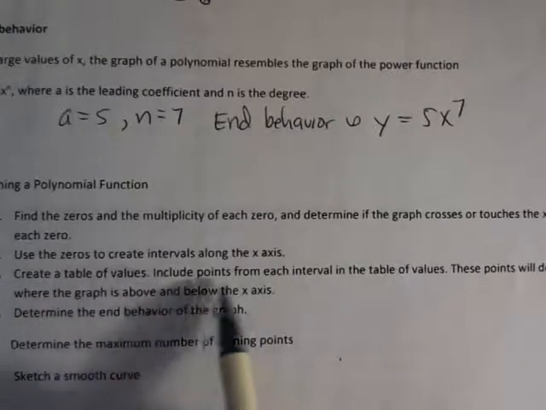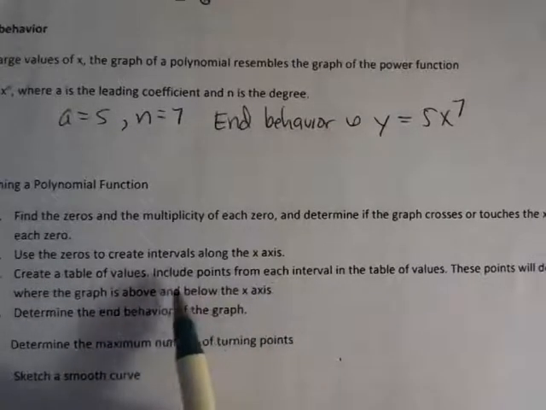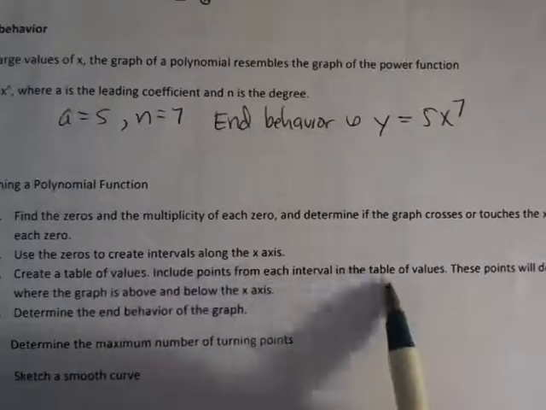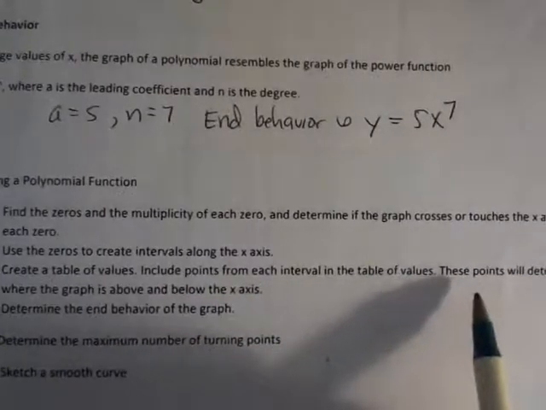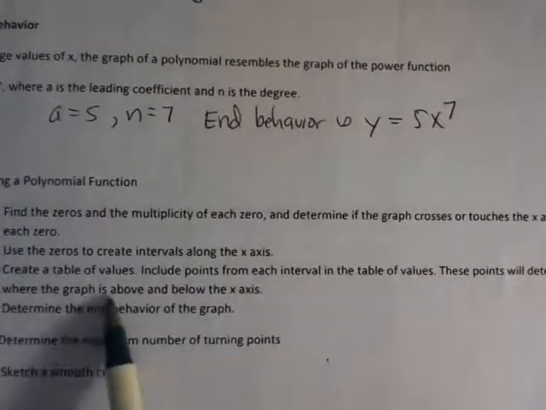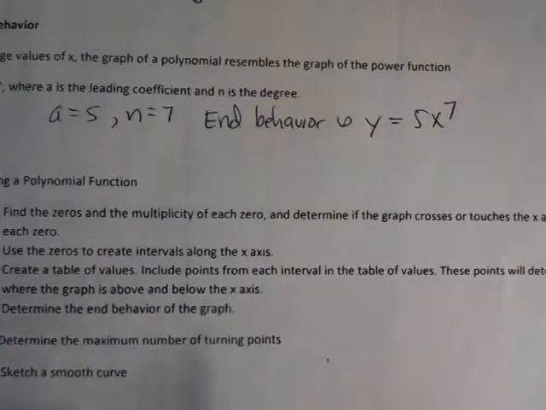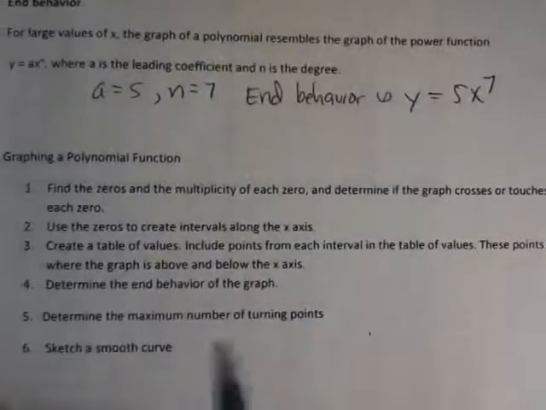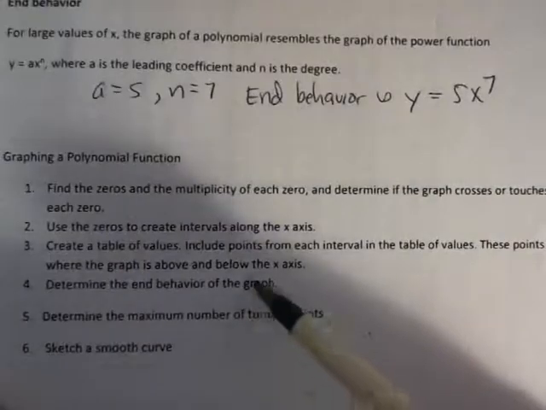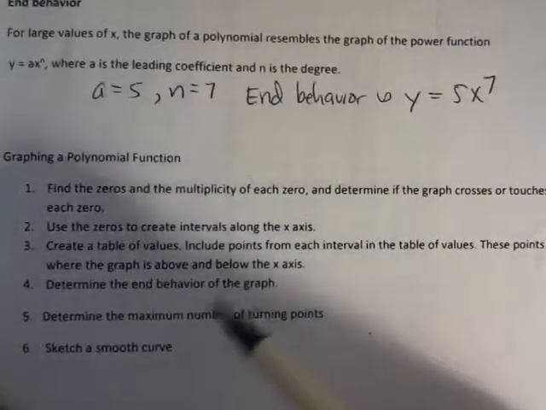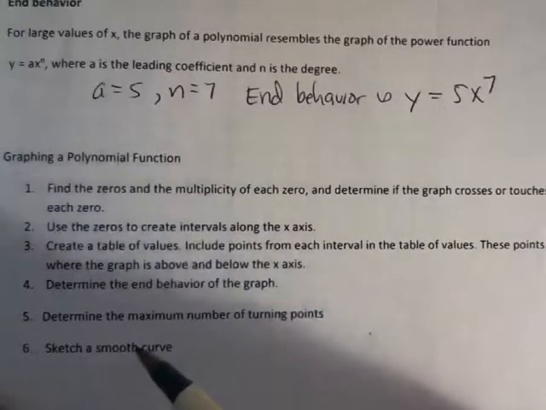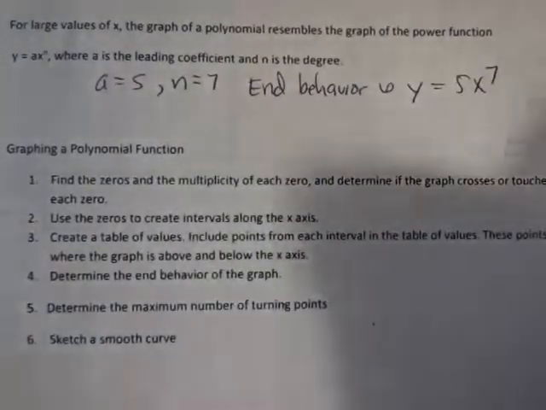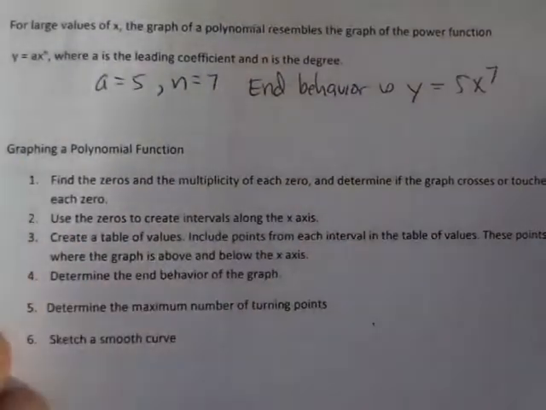Then we look at our table of values, and we're going to include points from each interval in the table of values. So these points will determine where the graph is above and below the x-axis. Then we answer the other items, the end behavior, the maximum number of turning points. Then we're going to sketch a smooth curve. Okay?